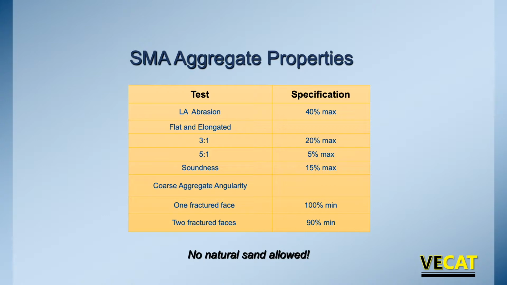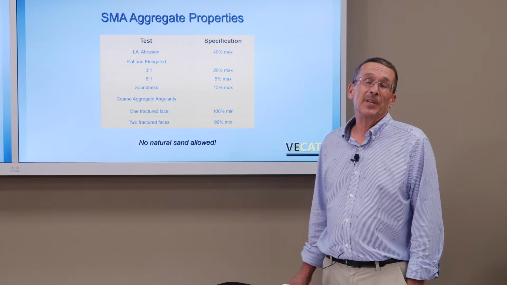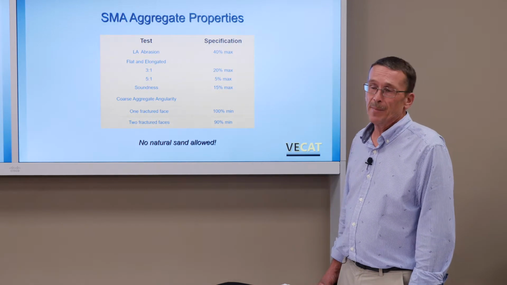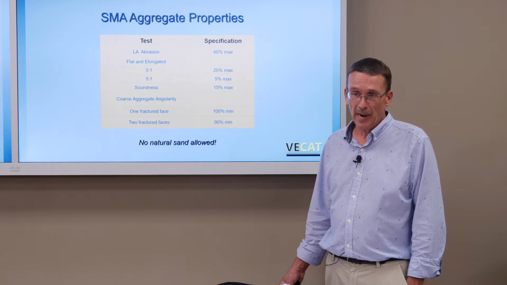Just back to the F&E for a moment. All aggregate for each stockpile must meet the minimum or maximum criteria specified, except for F&E. So if you're using 3 coarse aggregates, the F&E at the time of design is based on the mathematical blend of those 3 coarse aggregates.